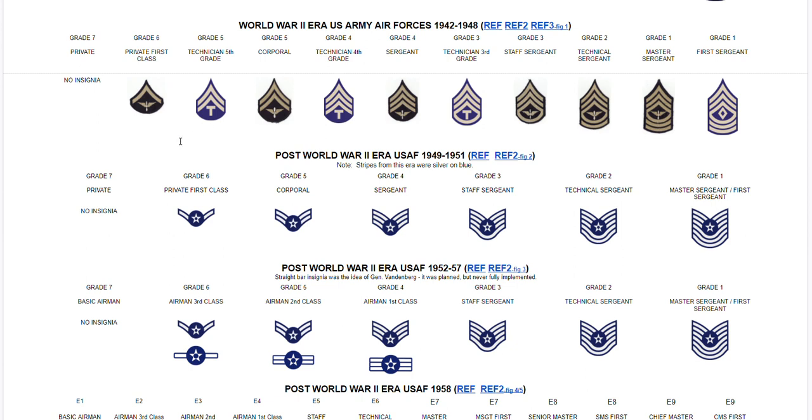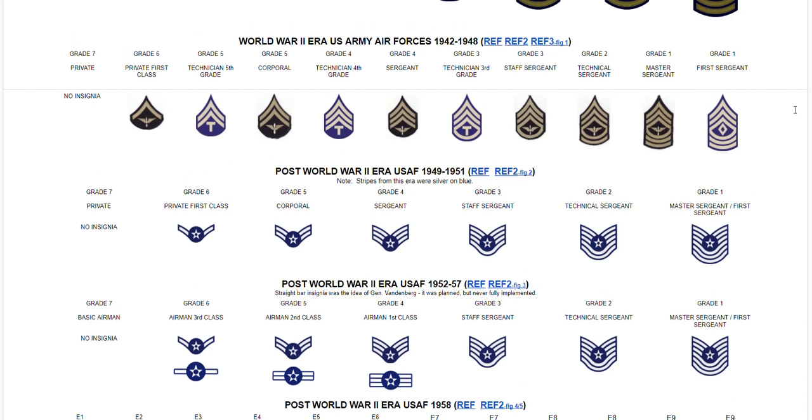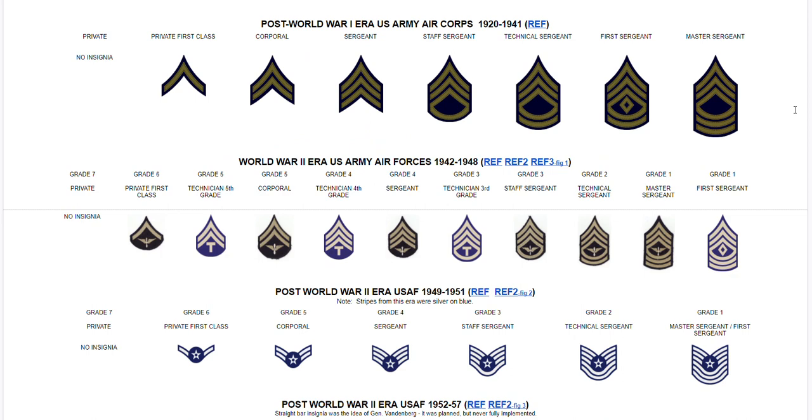So, a technician 4 might have a little trouble with a corporal, that kind of thing. So it was a very complicated system, but it still just kind of basically took after the previous interwar era of stripes.